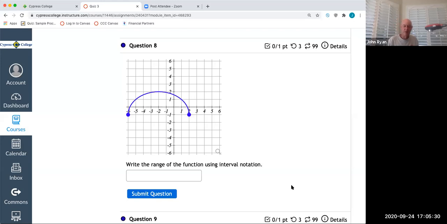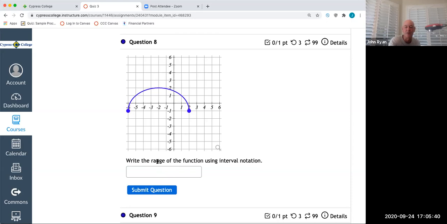Question 8, we have a graph here. This is actually part of a graph of something called an ellipse. And we are going to write the range it wants to know. Range, again, has to do with y values. So the domain would be negative 6 to 2, but we're not interested in that. We're interested in up and down. So the low point is negative 1. It goes up to 2 over here.